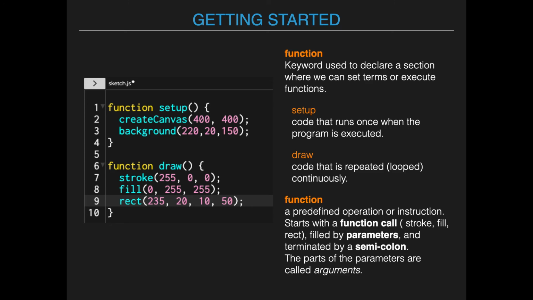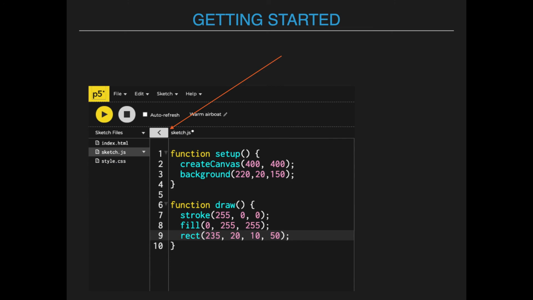Stroke will always have the option of 3 digits, separated by commas, so 3 different inputs, or a 4th, because you could have transparency or an alpha channel. It all depends on what the function is, and that's why it's really nice to have the reference page. I usually get some questions on this piece, but as soon as we start diving into the code more on Monday, it should be easier to get a sense of, and then we can ask questions.